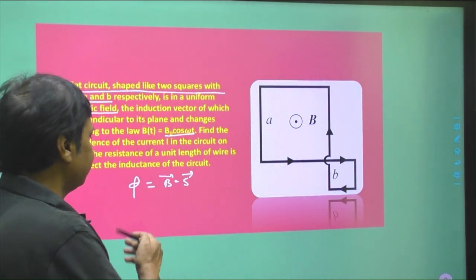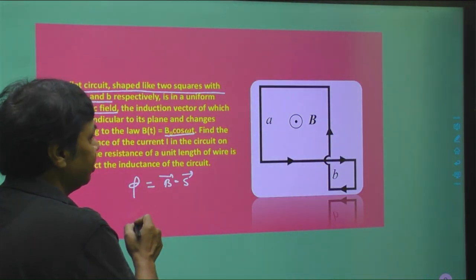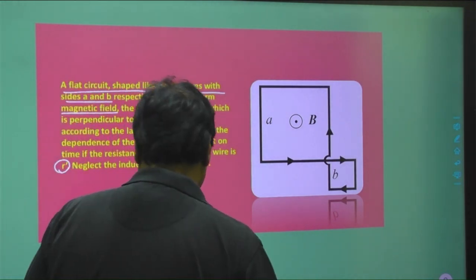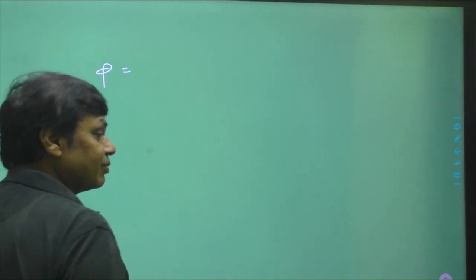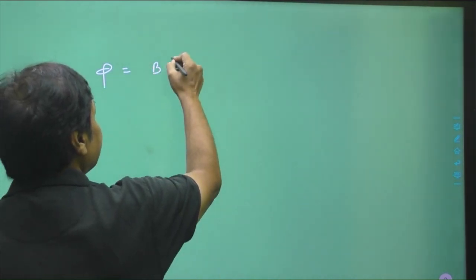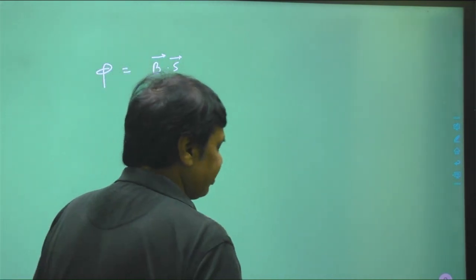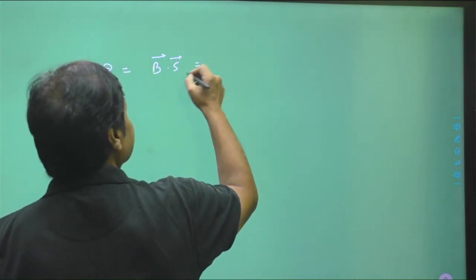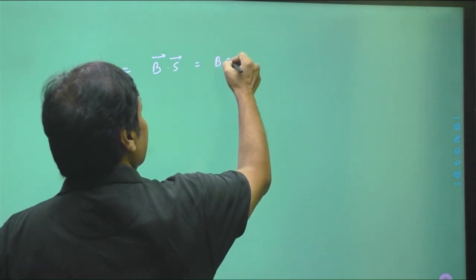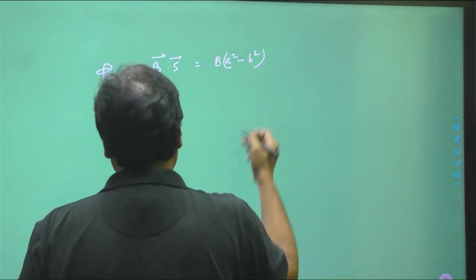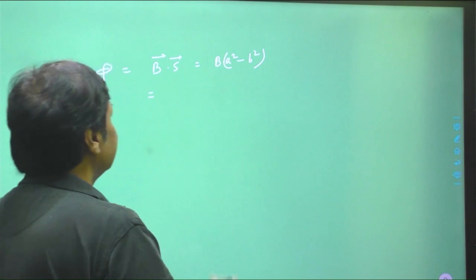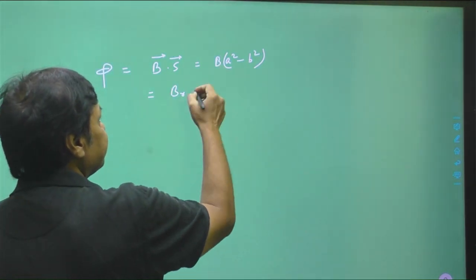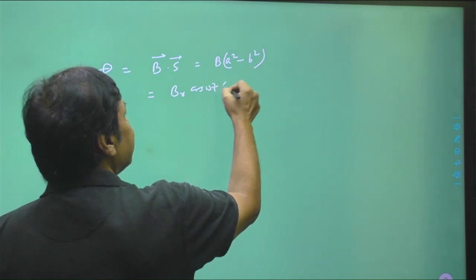So the total flux through the circuit will be magnetic field into area, that is B A square minus B B square, and B was given as B naught cos omega t. So I can write phi equals B naught cos omega t, A square minus B square.